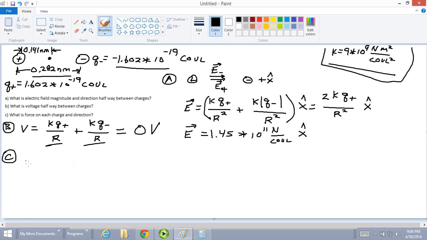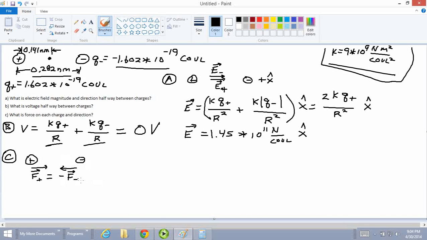C, what is the force? The first thing I want you to recognize is the force on the positive charge due to the negative charge is equal and opposite to the force on the negative charge due to the positive charge, and they're both attractive. They attract each other.